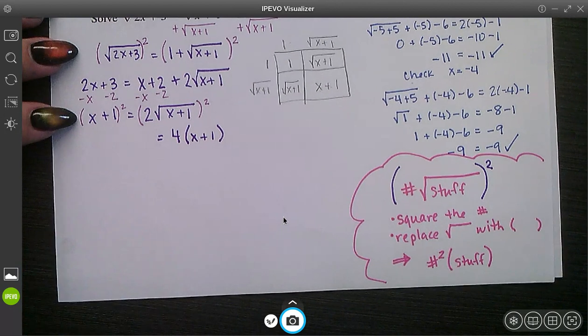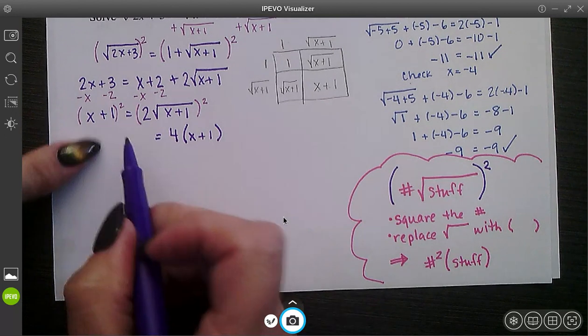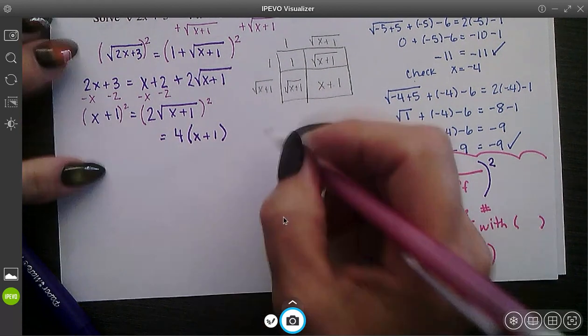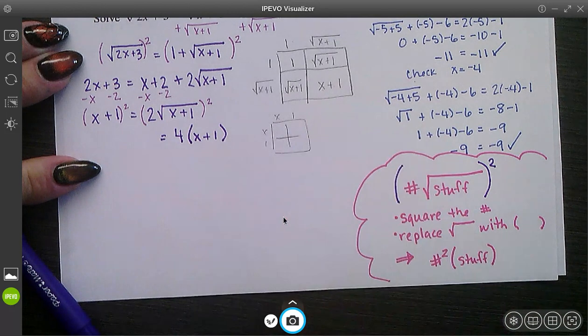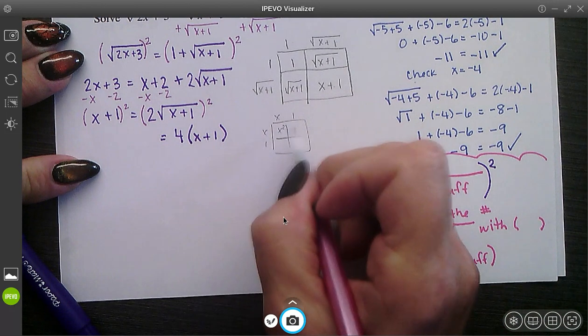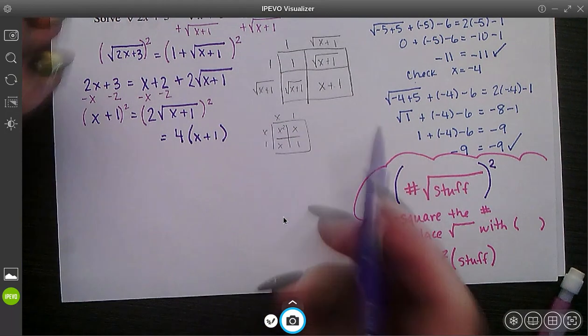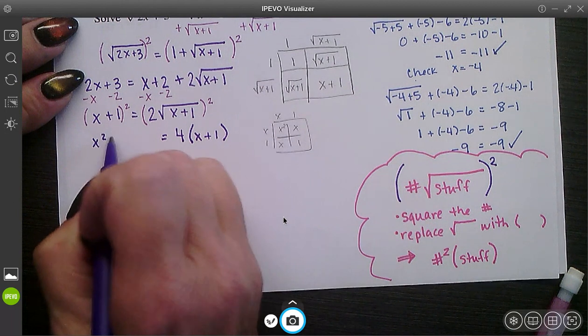But I feel like we've done that somewhere recently. I don't know, maybe not. But anyway, that's going to have to be box multiplied. x plus 1, x plus 1. So if you don't believe me, there's the proof. It comes out to be x squared plus 2x plus 1.